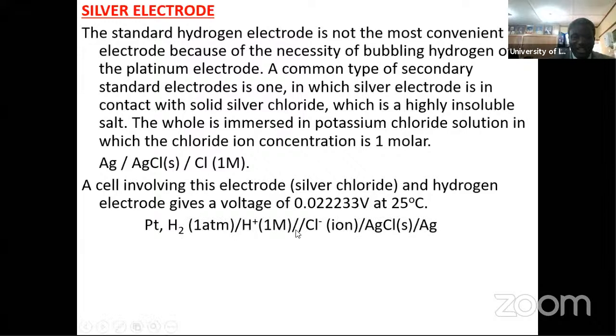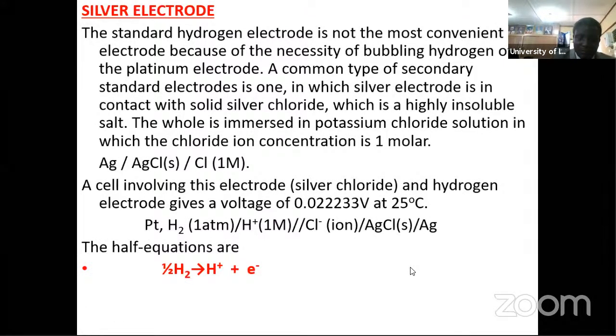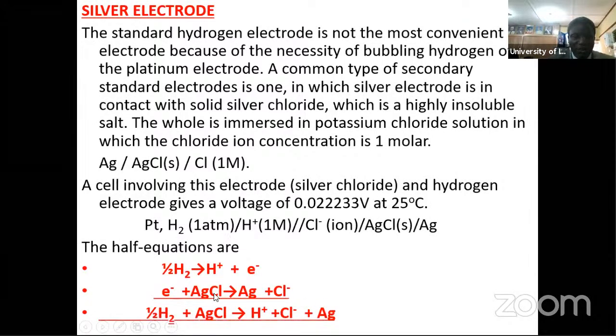So this is the typical equation for this reaction, and the half equations are given here. That means you have hydrogen gas going to hydrogen plus, and the other half is your chloride. So you have your silver chloride now going to silver plus chloride minus, and you have this equation.